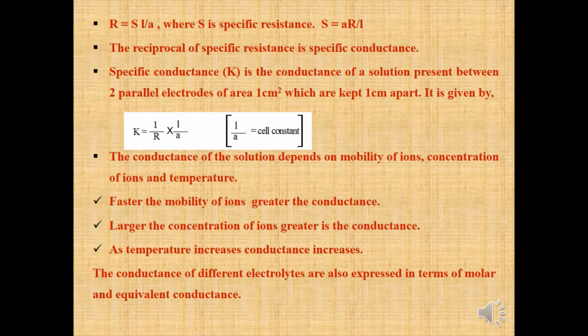Specific conductance K is the conductance of the solution present between two parallel electrodes of area of cross section 1 square centimeter, kept 1 centimeter apart. It is given by the formula K equal to 1 by R into L by A, where L by A is the cell constant.